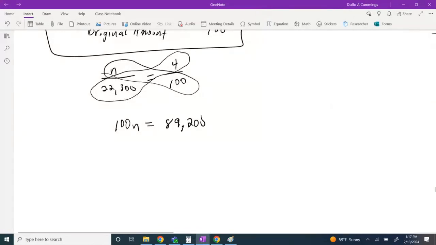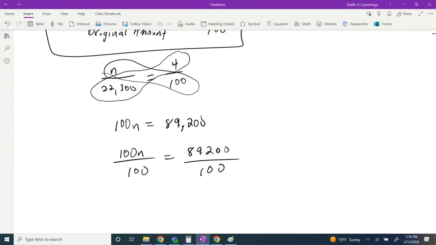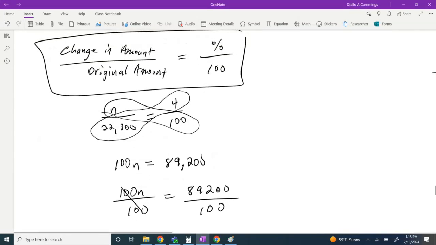I want to solve for N, so the opposite of multiplying N by 100 is to divide by 100. So I'm going to divide both sides by 100. On the left-hand side, the 100s cancel, so we're left with N, and N represents the change in amount.